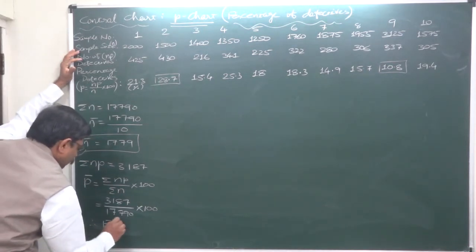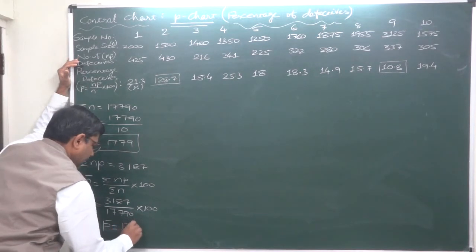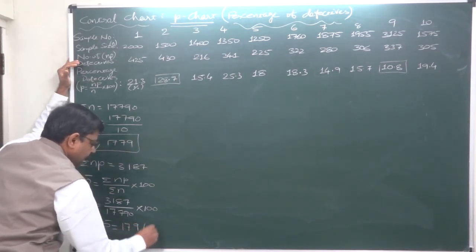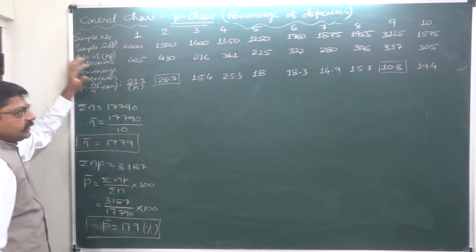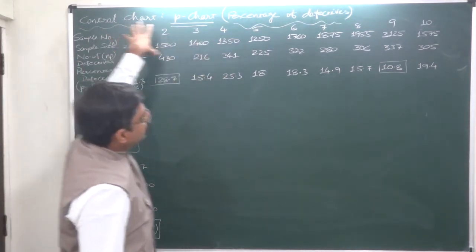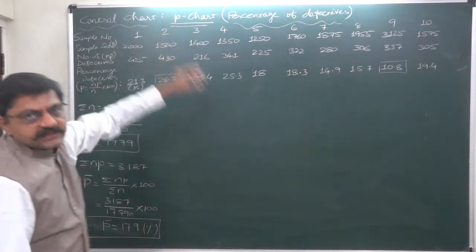Therefore, P bar comes to 17.9. We are going to take only one decimal. This is a percentage actually. On an average, 17.9% units are defective within all these 10 samples.